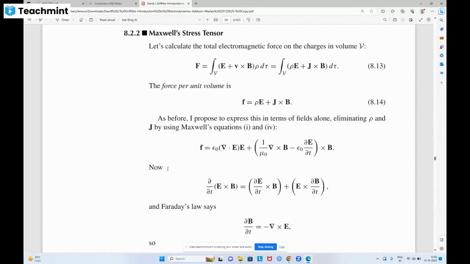As before, I propose to express this in terms of the fields alone, eliminating rho and J by using Maxwell's equations, first and fourth.